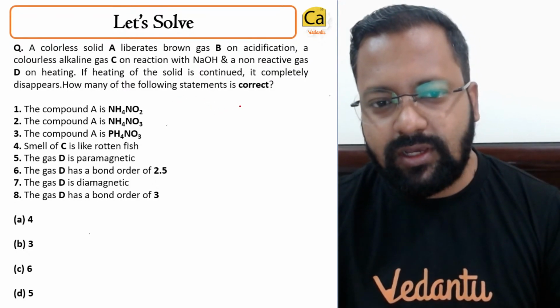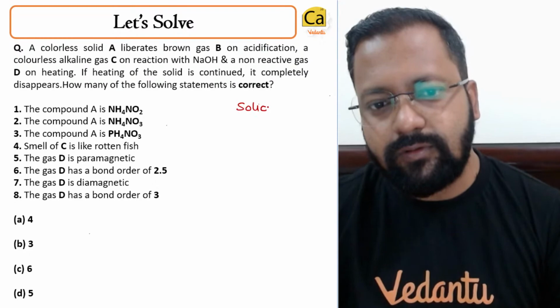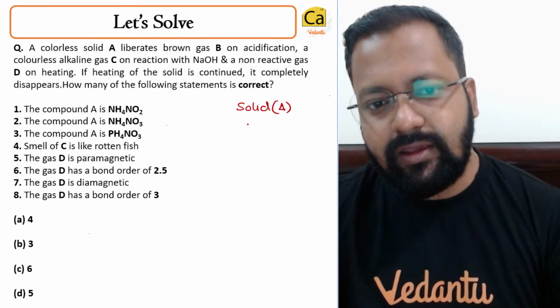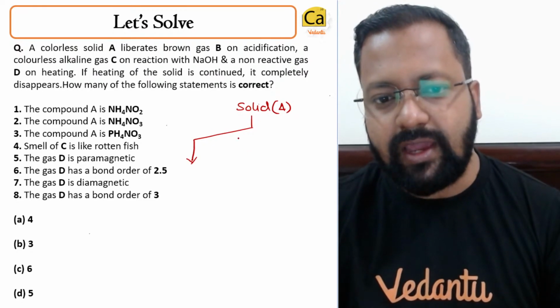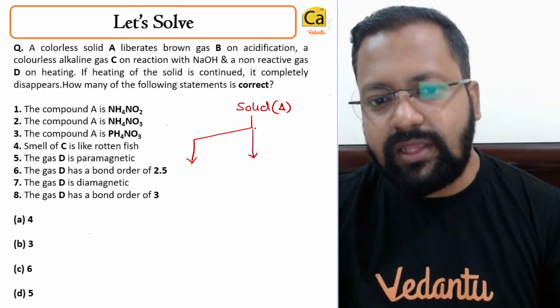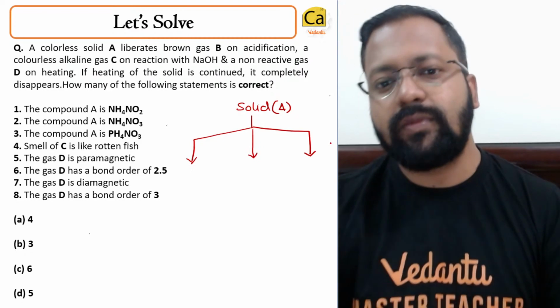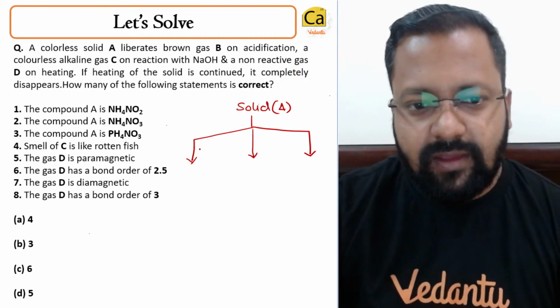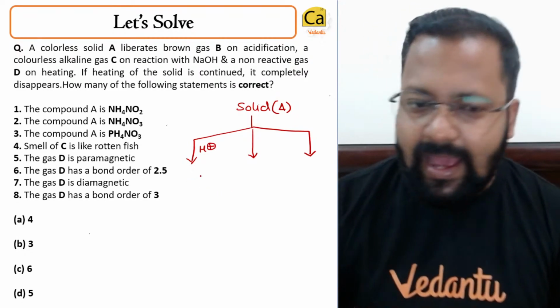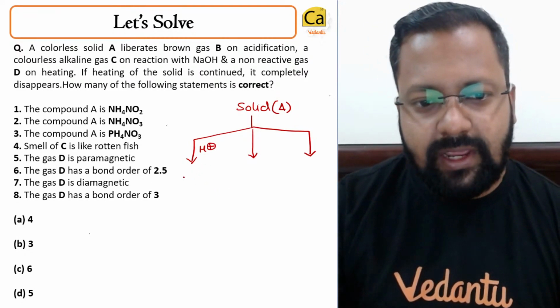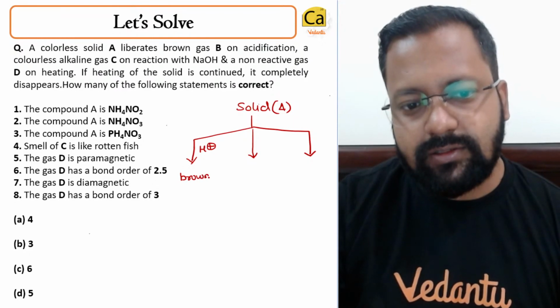So there is a solid A, and this is being subjected to 3 different types of reactions. हम 3 तरह के reactions कर रहे हैं इनके ऊपर. One reaction is we are acidifying it. When we acidify it, we obtain a brown gas.